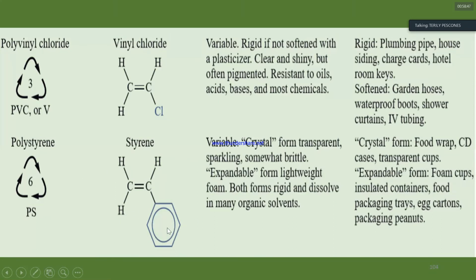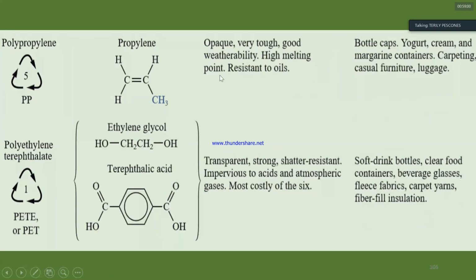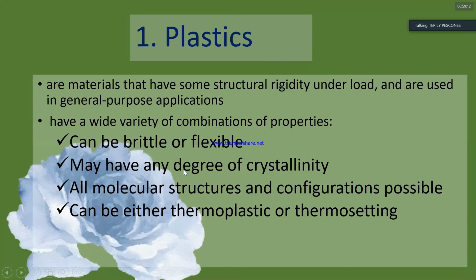Styrene, meron tayong benzene ring. Styrene, and then we have the polypropylene. Okay, tatlong carbon. Yung kanina, di ba, propane, propyl, propylene. So, tatlong carbon naman. Terephthalic acid. Okay, so plastics can be brittle or flexible.